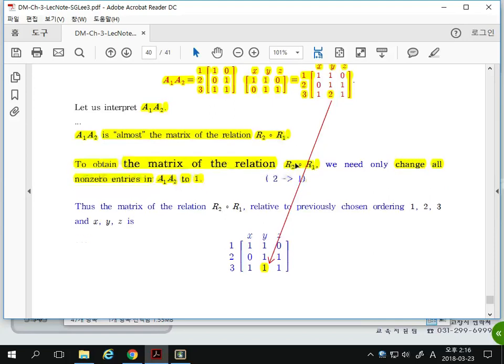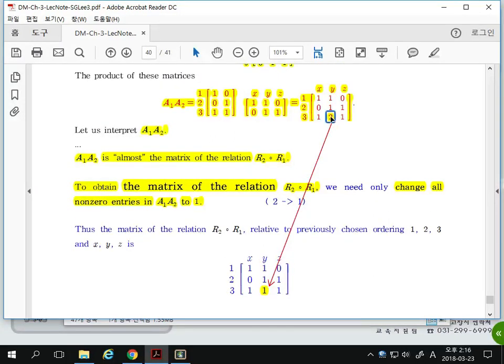So if we just replace this 2 with 1, then this matrix is a 0, 1 matrix, isn't it? So what if we just define the matrix of the composite relation R2 circle R1 as this 0, 1 matrix? Then what's going to happen?